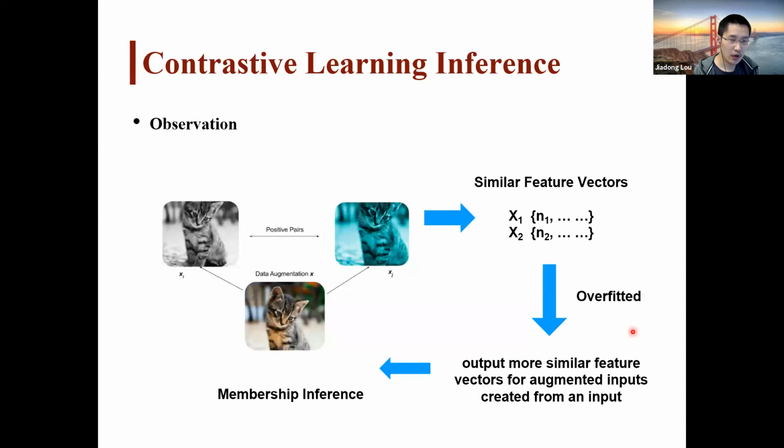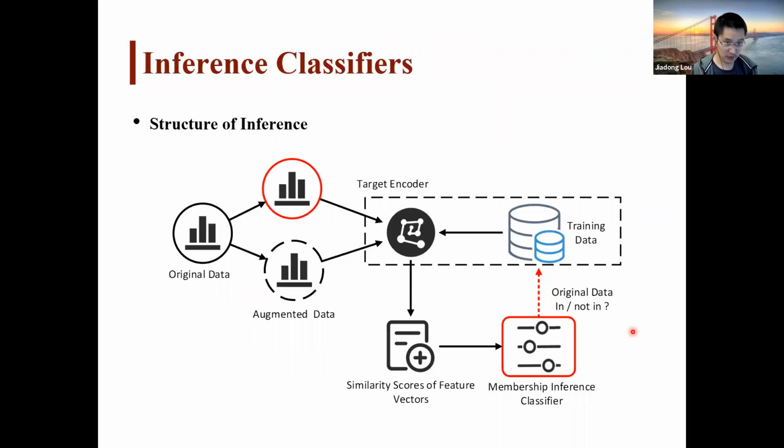Therefore, in this paper, the authors designed this EncoderMI tool to infer an input to be a member of the target encoder's training data set if the target encoder produces similar feature vectors for the augmented versions of the original input. So the overall pipeline of the membership inference attack is like this.